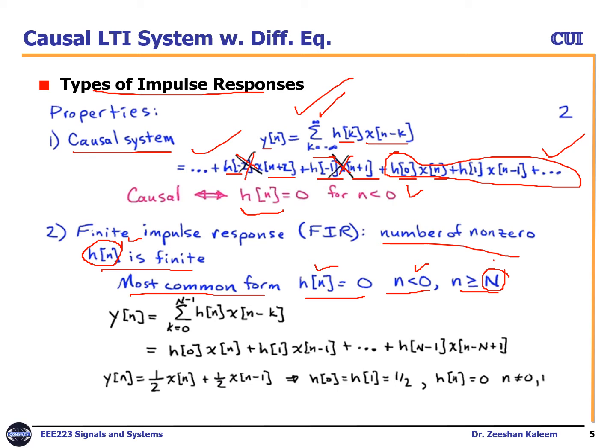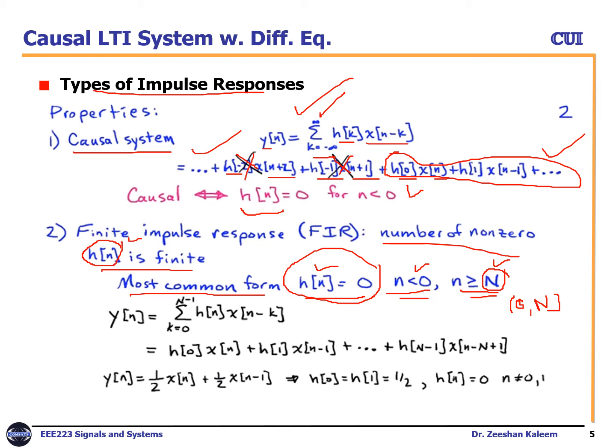If we have a number greater than N, then this impulse response will always be 0. So it means that the impulse response will lie from 0 to N, but above N and below 0 it will always be 0.